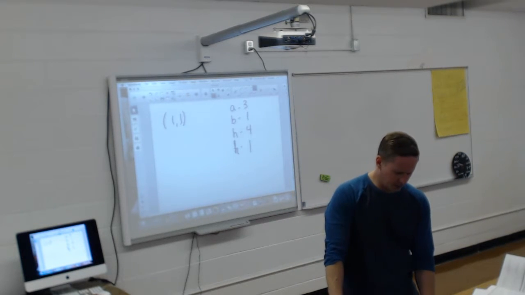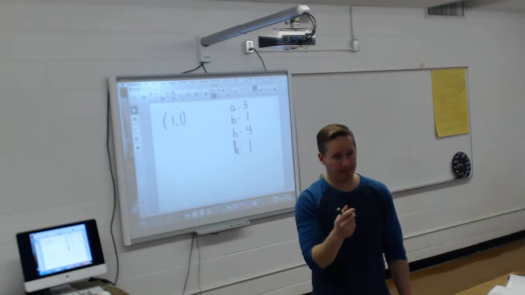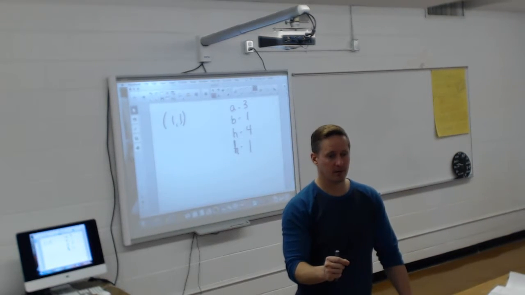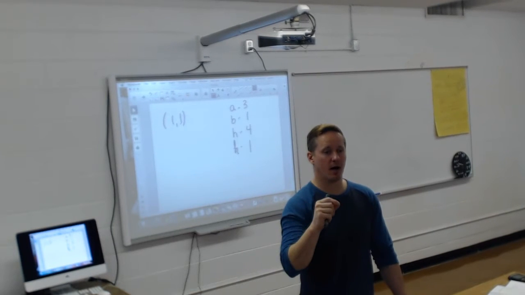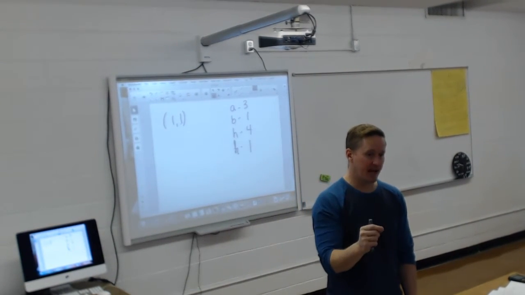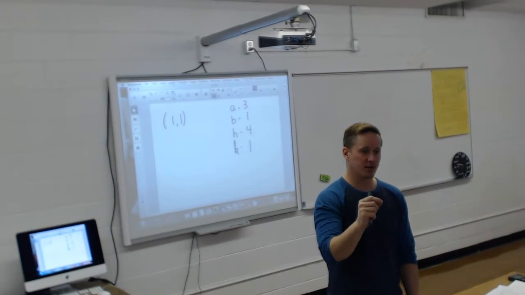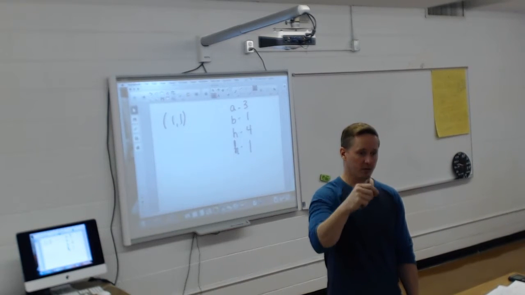Okay. Describe the transformations that were applied to y equals root x to obtain this function. Okay, so what were they? A equals a half and B equals 1/6. Yeah, all right, but you have to be careful there. A is a half, which means you multiply all your y values by half. B is still 6, but you're horizontally stretching by a factor of 1/6.